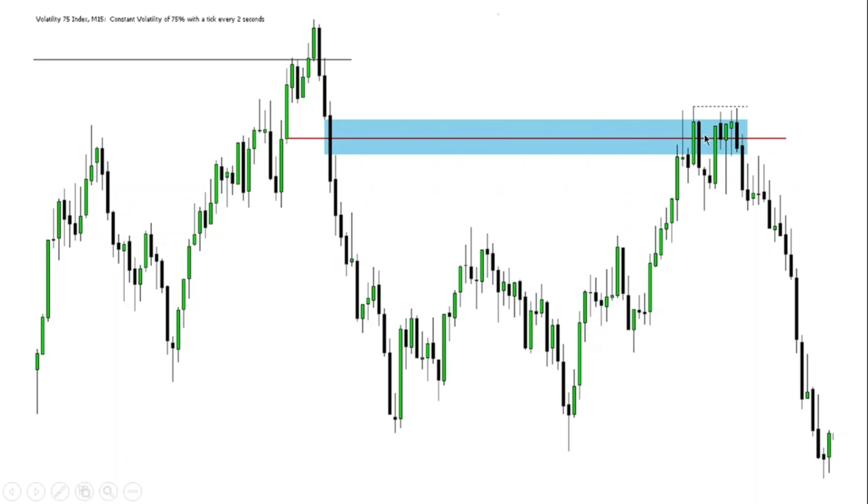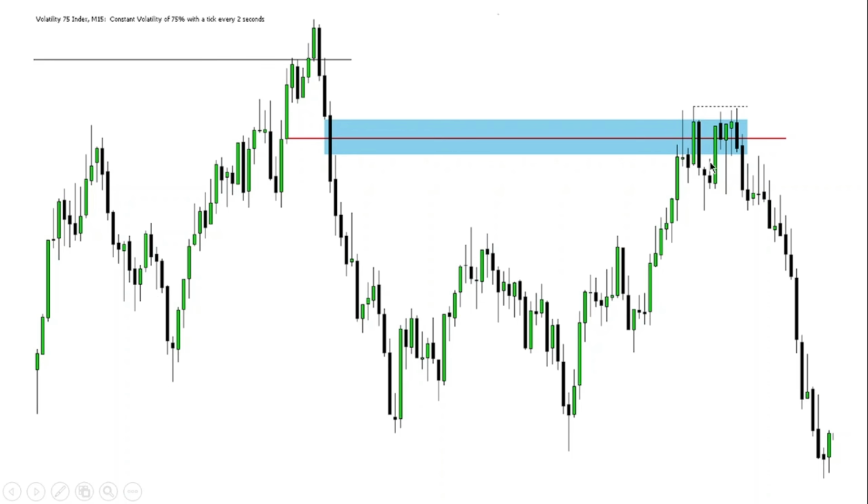Now I did see that happening, and I did take a sub position actually, but I wasn't really that confident in taking my sub position right over there because the price might still go higher, and I did not want to risk quite a lot, so I didn't put my stop all the way up to the highs.